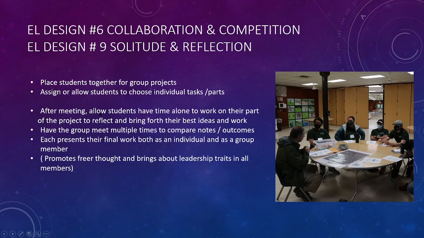And then they have a meeting. You allow them to work together and then alone for a time to do their own work and contemplation, and then have the group come back together a couple of times and eventually present their findings. It promotes freer thought and brings about leadership traits in your students.